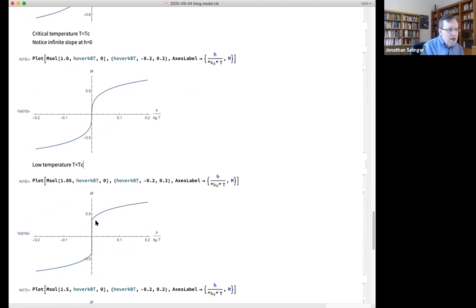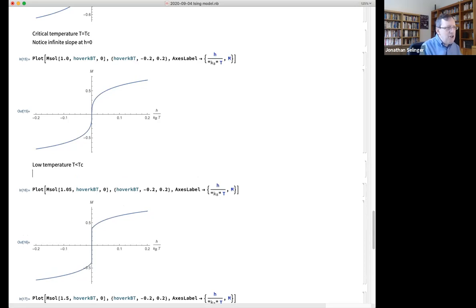You have then a jump right at h equals 0, and then you have positive order for positive field. So this jump, well, people usually call it a discontinuity.